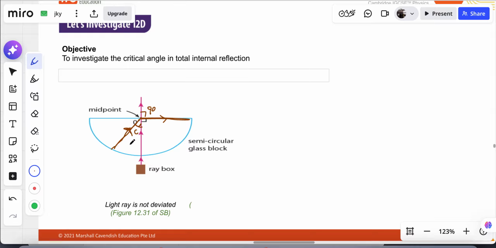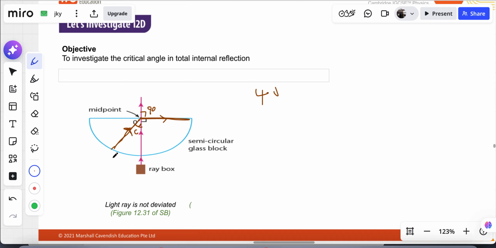And it doesn't just happen; it's a certain value, let's say between 40 and 42. You increase your ray angle from maybe 10 to 20, and most of the ray will be refracted out here.